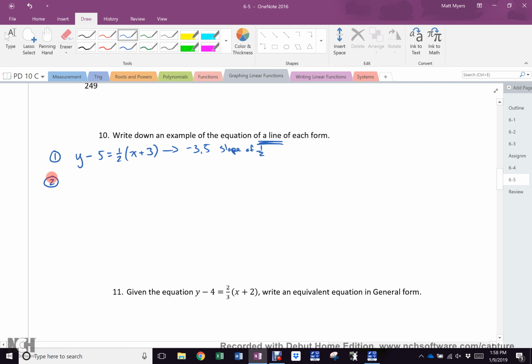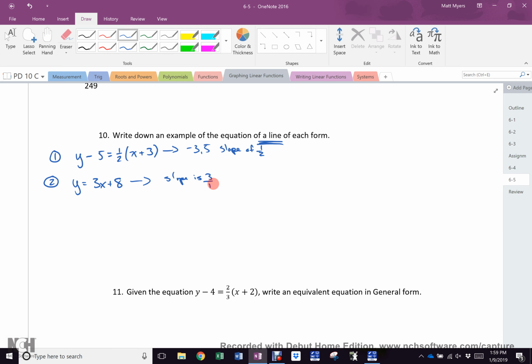Now, give me a random line in slope-intercept form. 3x plus 8. What does that tell me? Slope is 3 over 1. And what is one of the points on the graph? The y-intercept is 8.